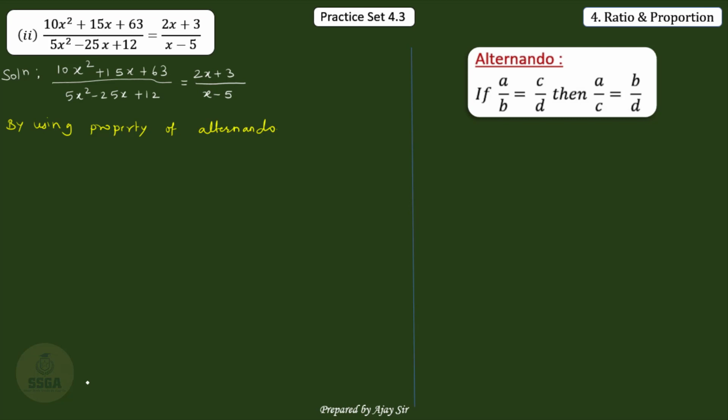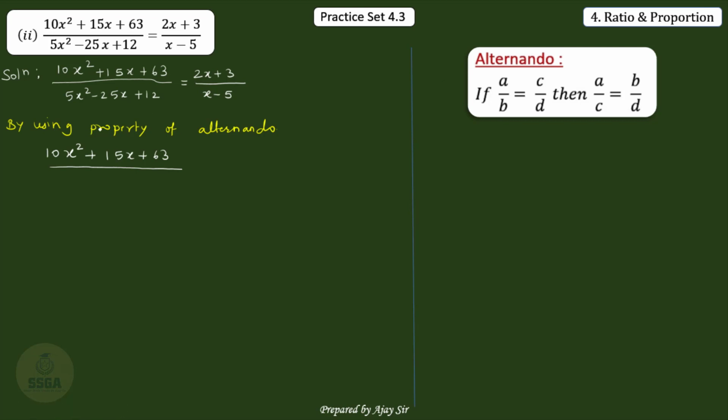The left-hand side numerator will go to the denominator place, so like this: x² + 15x + 63 divided by... This numerator will go to the denominator. This b will come to the numerator place, and c will go to the denominator place.